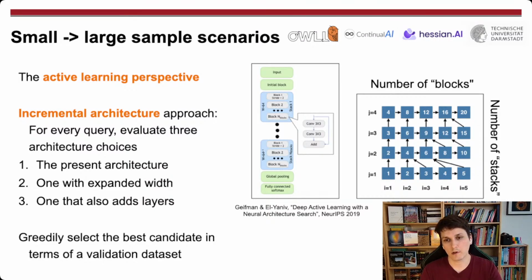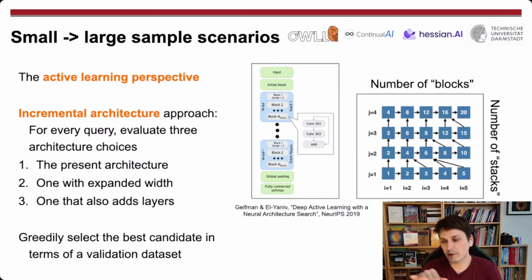But you would start with one layer or one block of layers, and then you'd increase either the number of layers along one axis or the width. So obviously, every time you introduce a new layer, you would double the amount of parameters, for example, when you go from one layer to two layers, versus if you just increase the width, you'll just increase the amount of parameters on that axis.